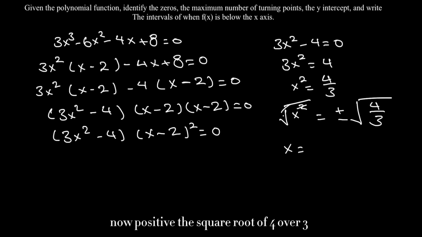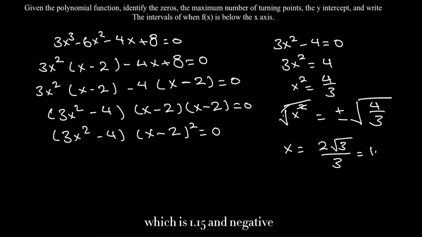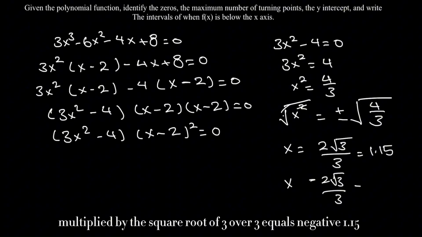Now positive the square root of 4 over 3 is 2 multiplied by the square root of 3 over 3, which is 1.15. And negative the square root of 4 over 3 is negative 2 multiplied by the square root of 3 over 3, which equals negative 1.15.